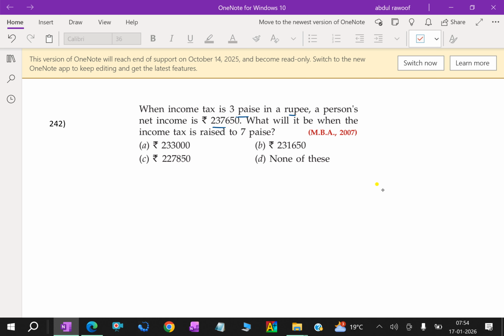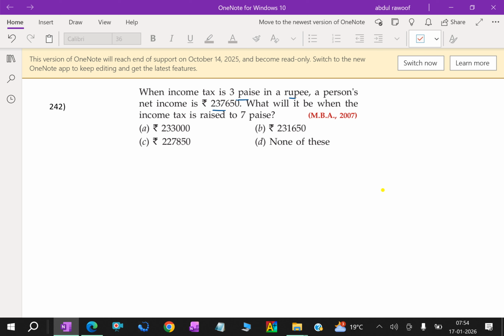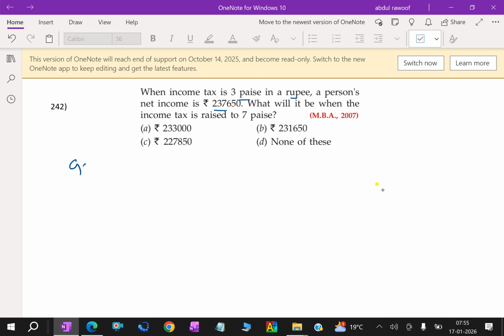Look at this. The person's gross income is x. Let the person's gross income be x, then 100% minus 3% of his income is his net income.